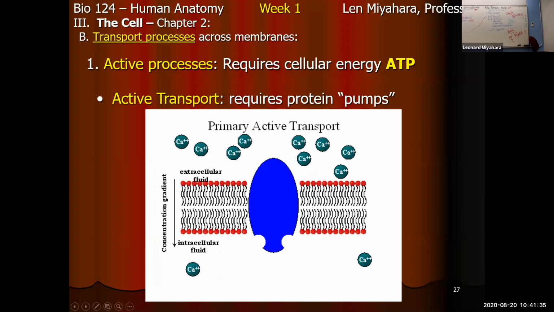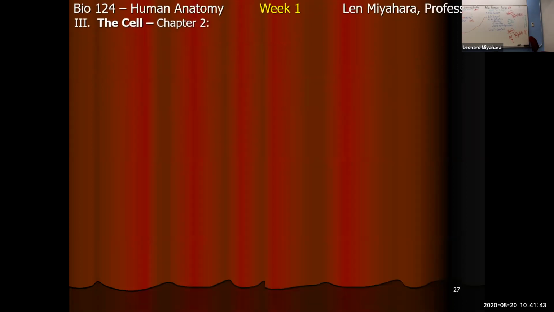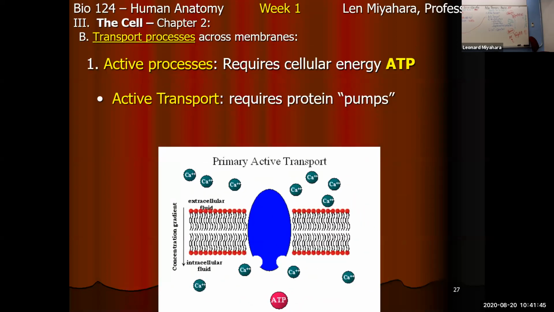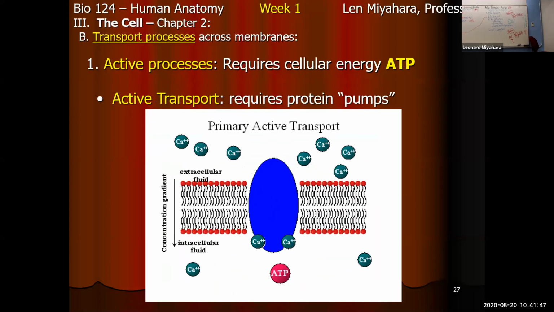Okay. Look at this animation here, if I can get it to recycle. There's fewer calcium ions on the bottom. It's going to burn an ATP to put them on top where there's more. It's going from low to high.